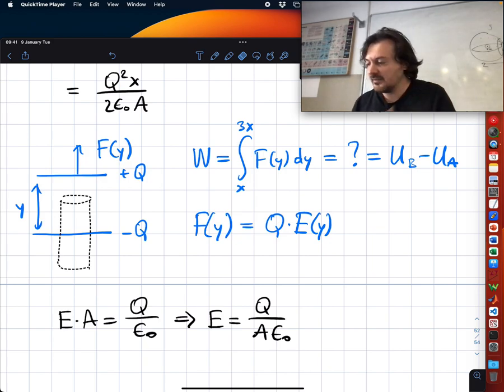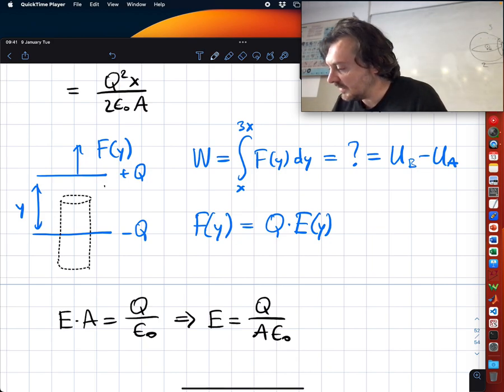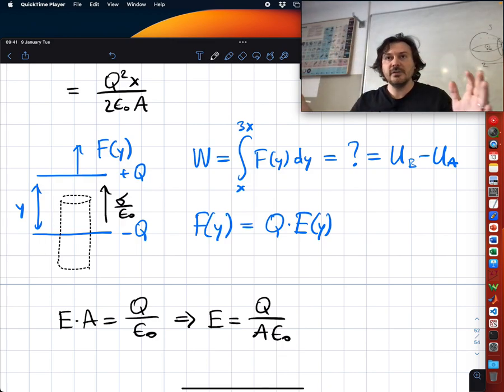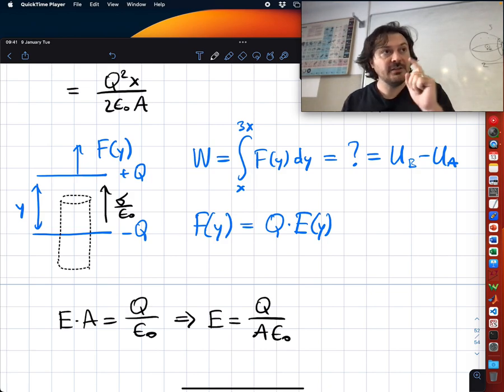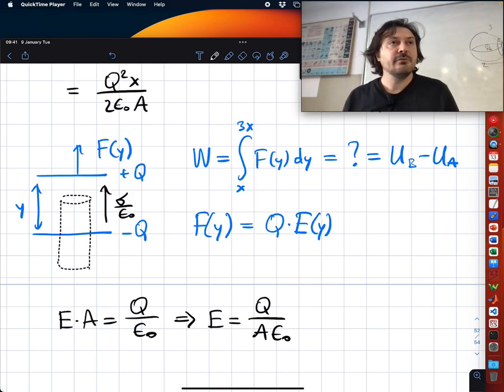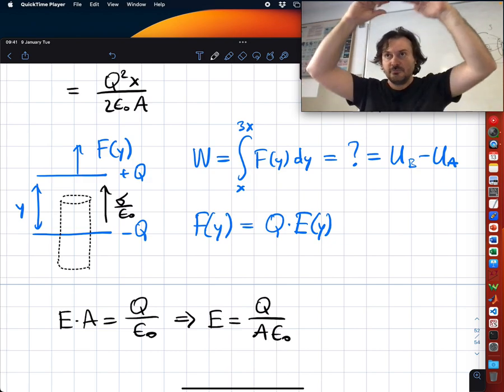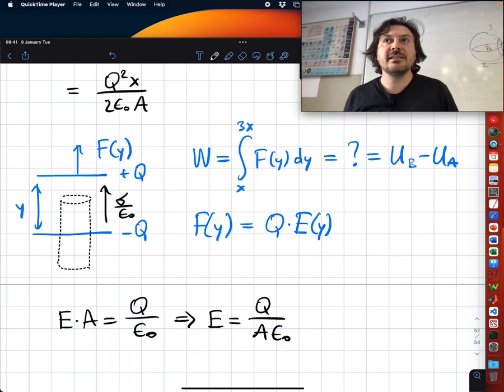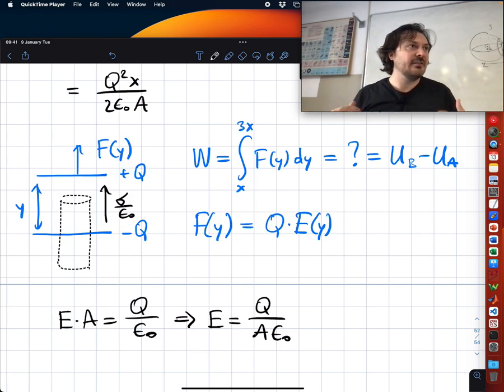There is an electric field in between, which is sigma over epsilon 0. Gauss's law works. We actually found the relevant electric field. But half of this electric field is created by the top plate. Let me repeat. Half of this electric field is created by the top plate, and it can't interact with the electric field that it itself creates.